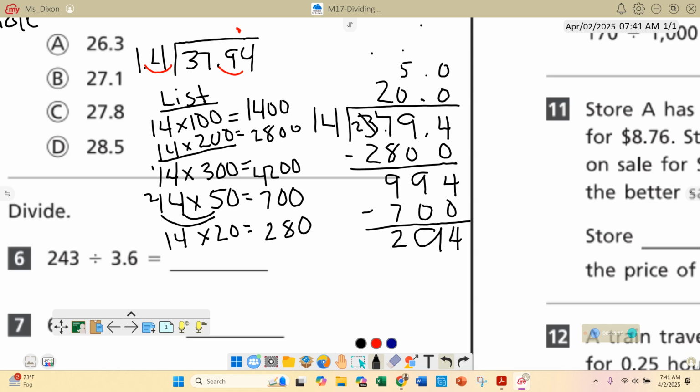Wow, that's really close. So I think we're going to do 20 groups. Don't forget to keep bringing that decimal up to 80. Okay, that's going to be 4 and 1. Wow. We have 14 as our remainder.